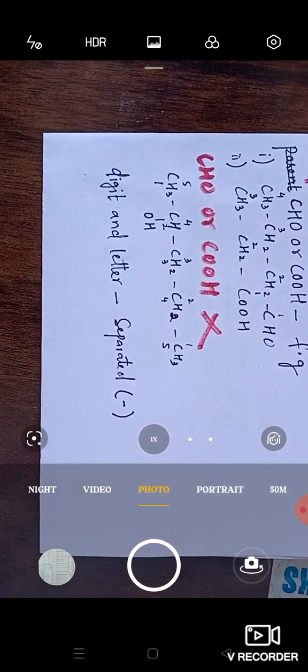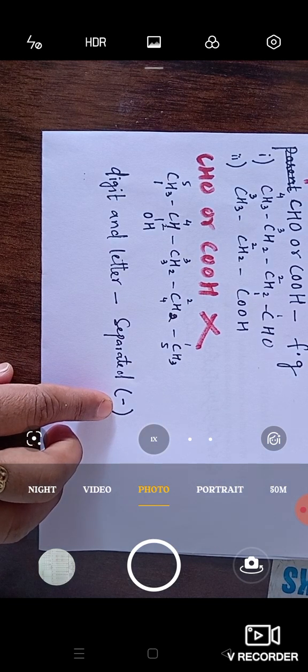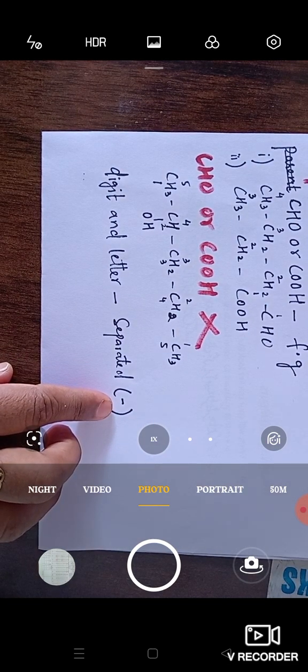In this way they should be separated. Digit and letter should be separated by a small horizontal line like this.